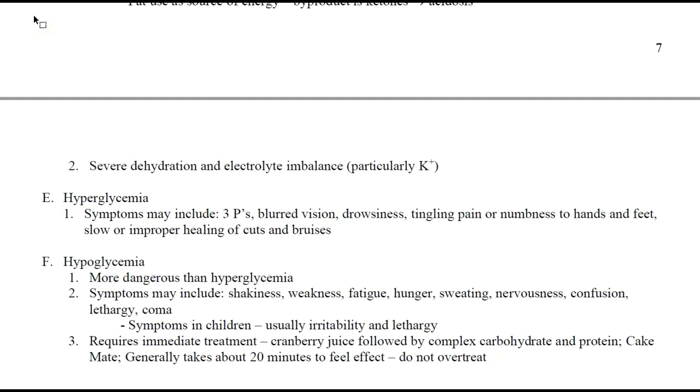Sometimes for children especially, we can use cake mate. This generally takes about 20 minutes to feel the effect. Just remember though, if we don't see improvement in 5 minutes, we should not overtreat, because again, we don't want the opposite, the blood sugar bouncing really high.